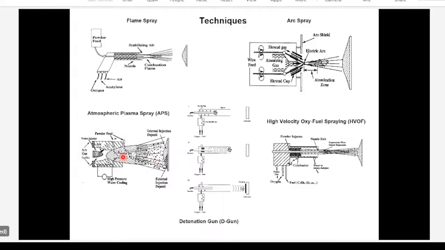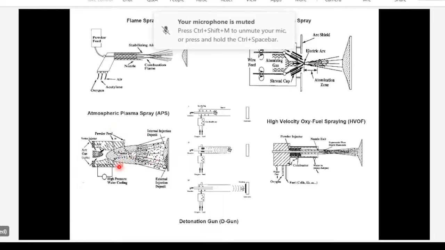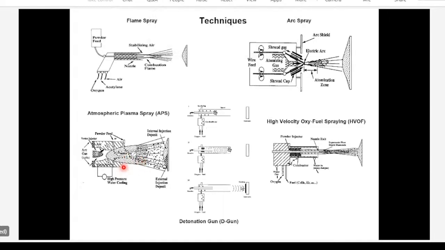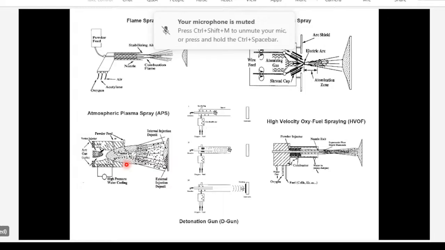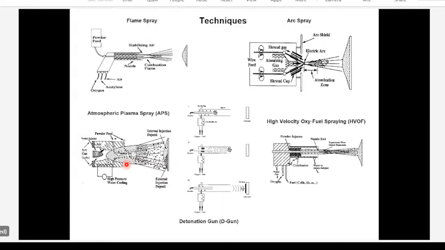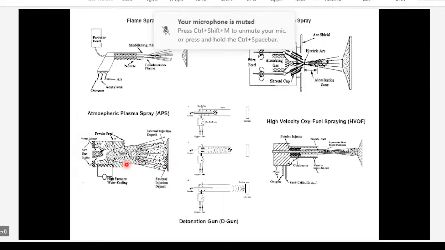Atmospheric plasma spray. Instead of using a combustion fuel, you can use an ionized gas like argon gas, create a plasma, and plasma gas can go to very high temperatures, 10,000 to 14,000 degrees. And practically any material will melt even in a short residence time, microsecond, something can melt.